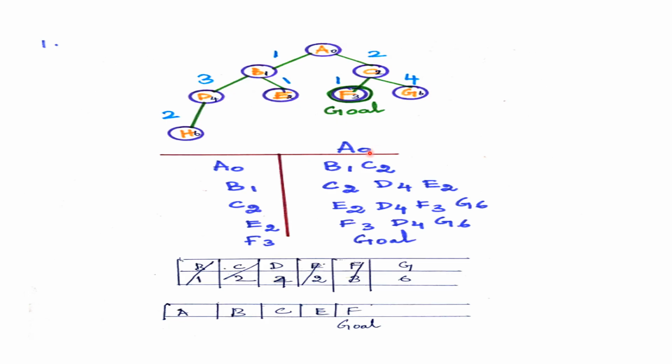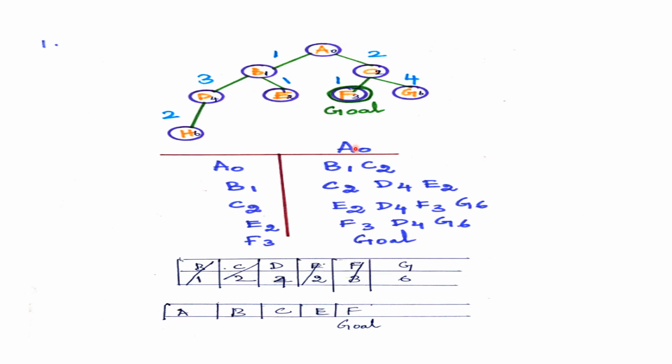Always remember this point: it denotes the cumulative cost for the particular node, not from one node to another node. It is the cumulative cost from the root node. If you remember this point, no mistake will happen while solving the problem. So we have to consider each and every node we traverse, and the cumulative cost value will be considered.